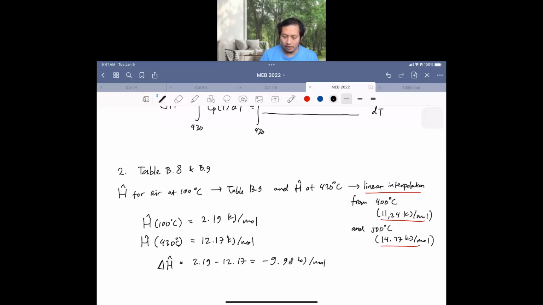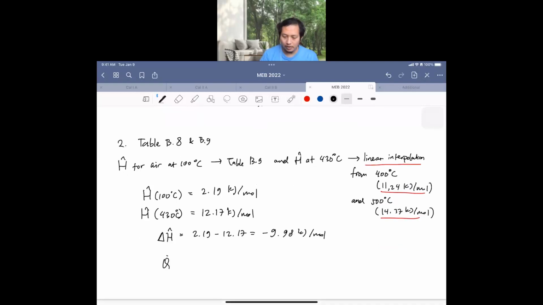So we get directly the delta H, and the heat will be n times delta H specific. I believe we just need to take the moles, and then we need to convert all the things here, multiply with 9 kilojoule per mole, and then I would change to kilowatt.